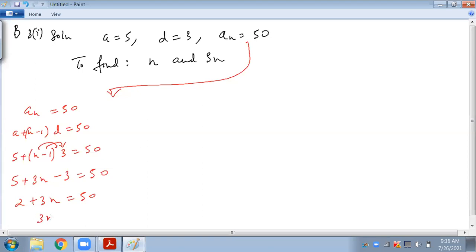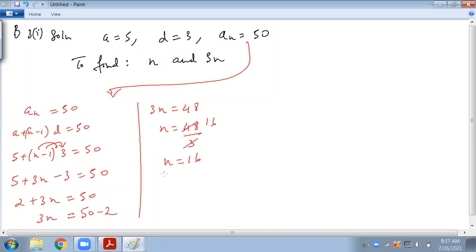Now find n. Take the term without n to the other side. So 3n equals 48. Now from 3n we're going to find n. Take this 3 to the other side, it will go down, cut it. So n equals 16.